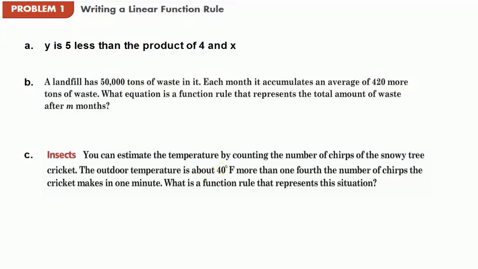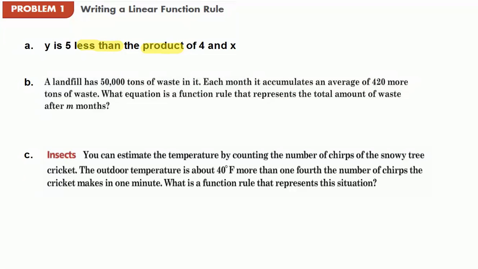Okay, for problem number 1, we're going to use these 3 examples from what we learned just earlier. So for A, we have y is 5 less than the product of 4 and x. So the key words here are less than and product. From earlier, we said that if it has the word than, we want to put that at the end.